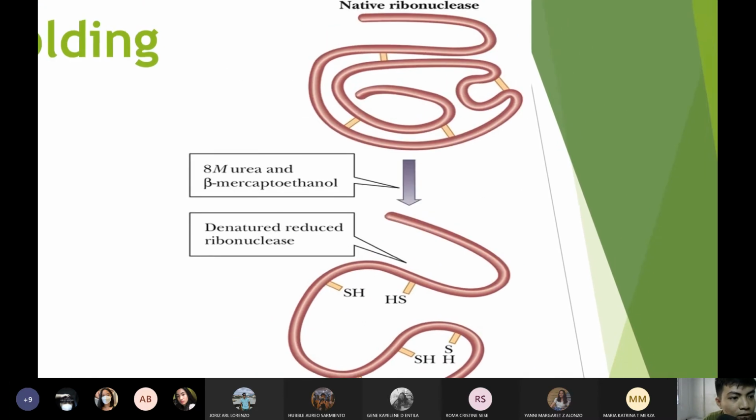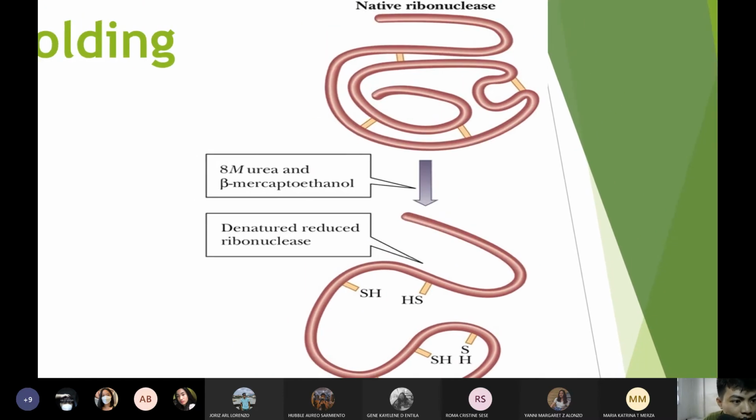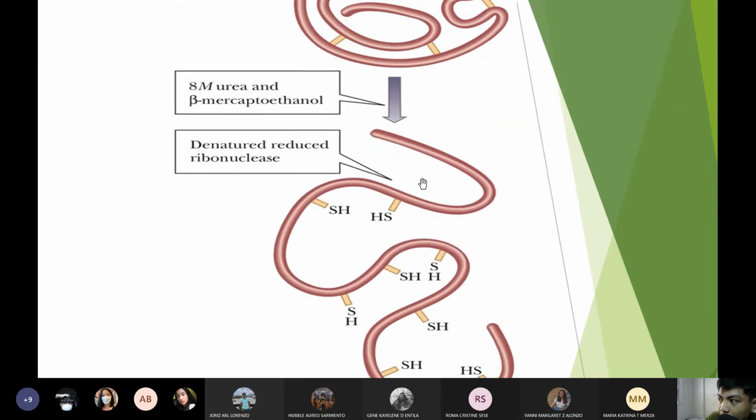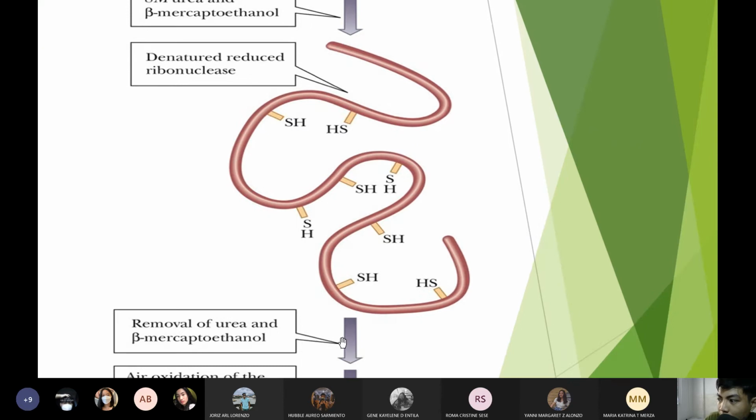So bale, ginawa daw dito ng mga scientists that they reacted this with urea and beta mercaptoethanol. Okay, so ang purpose ng mercaptoethanol is to cut the disulfide linkage. Ito yon. And the purpose of urea is to uncoil them. Okay, so that the hydrogen bondings will be disrupted. Okay, so the beta mercaptoethanol, puputulin niya yan. So that causes it to uncoil.